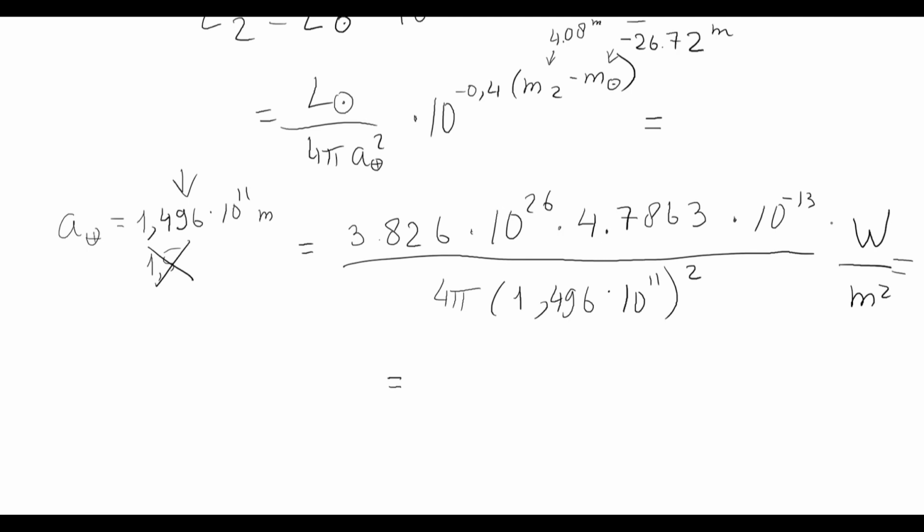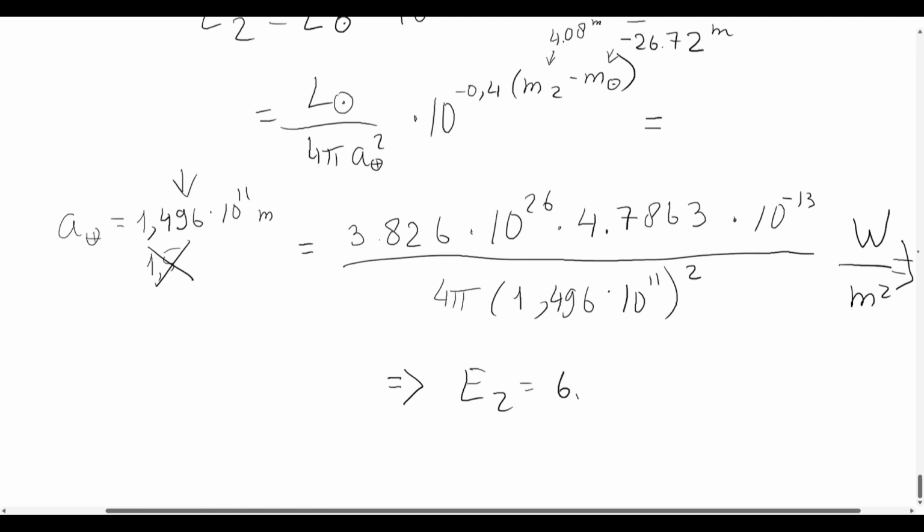Here we use our calculators. Just a second. And we find that E2 equals 6.51 times 10 to the power of negative 10 W over m squared.